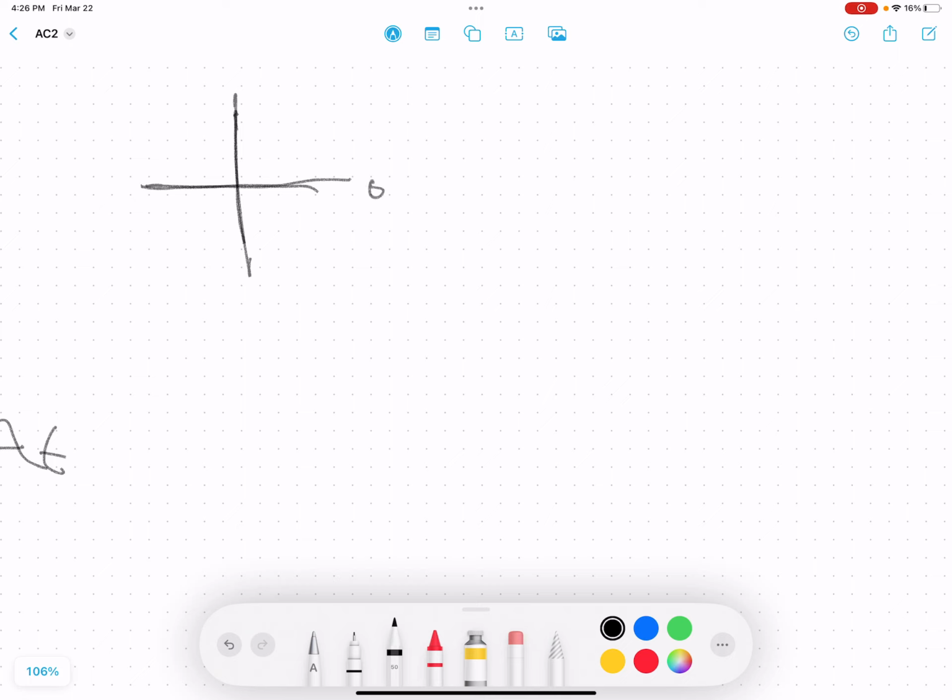I can say, okay, there's 0 and there's pi halves, and here's pi and here's 3 pi halves, and what if I stick my voltage right here, and then I stick my current right here? And these are just arbitrary. I'm just putting these in arbitrary places. And that's V, and there's some phase angle between them, phi.